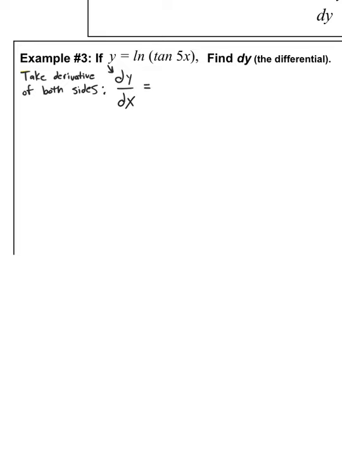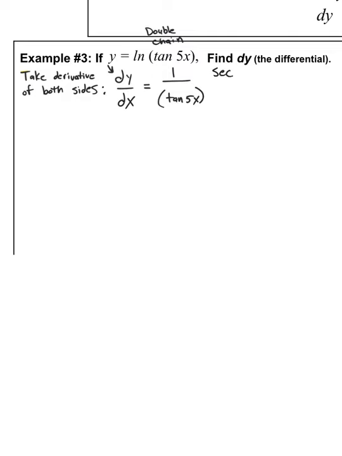Now we go over here and take the derivative of this. That is going to be a double chain, so you have to review the chain rule. The derivative of the outer ln is 1 over something, the inner as is, so that's the tangent of 5x. That's our first chain. Now we start over. The derivative of the tangent is secant squared.